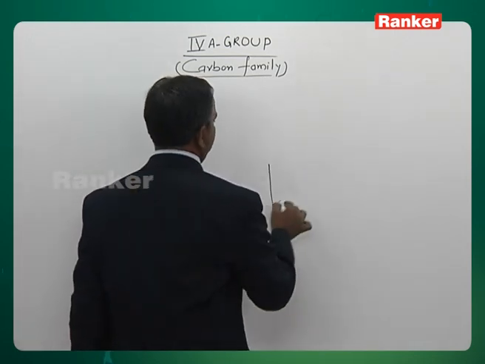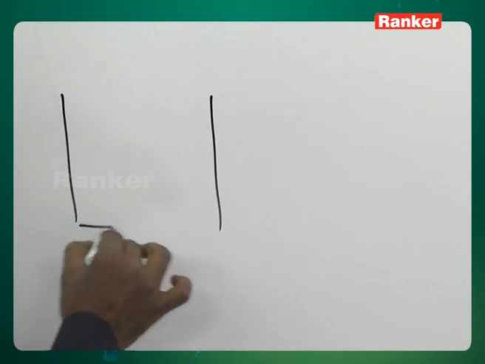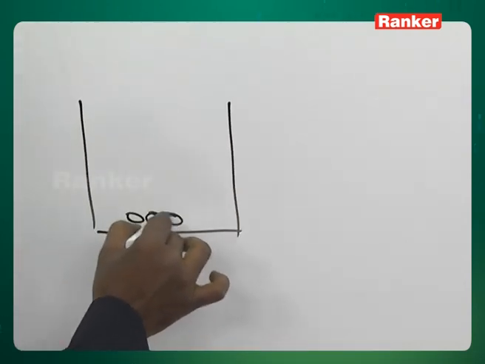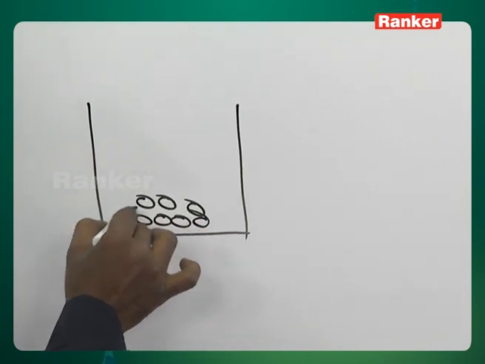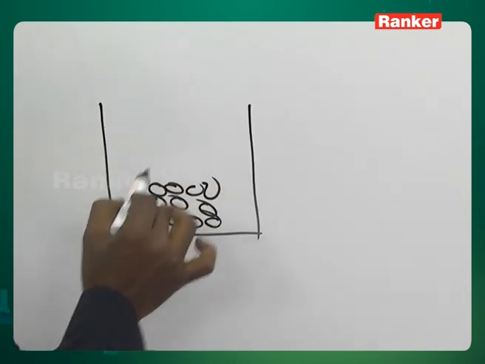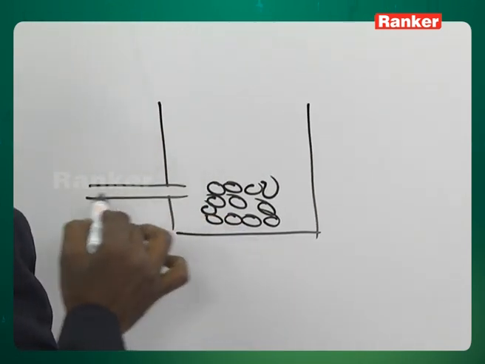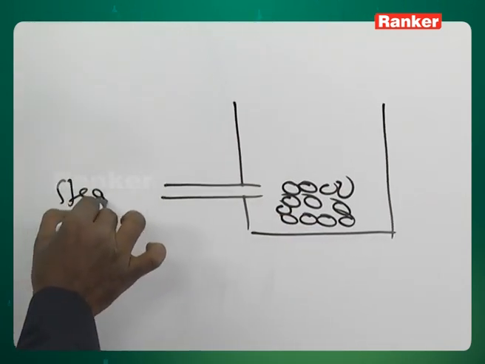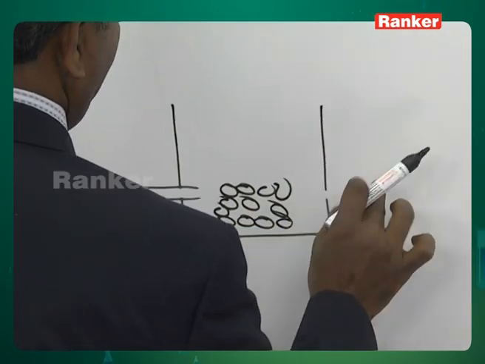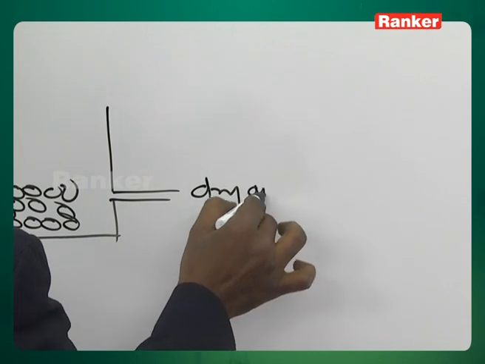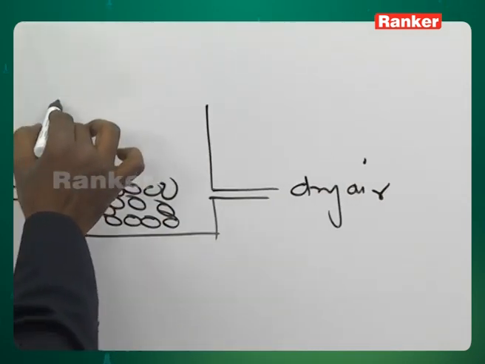Water gas is produced in a furnace. We put coal or coke here, and from one side we pass steam, and from the other we pass dry air.